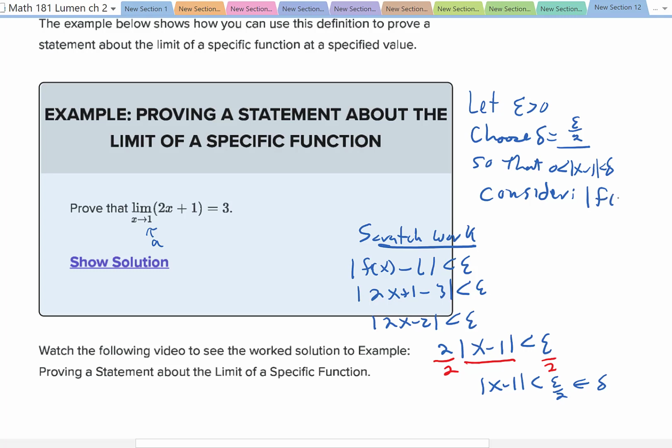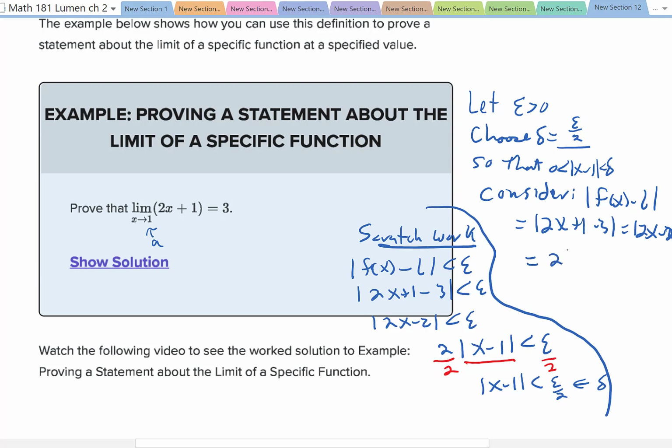Absolute value of f of x minus L is equal to, this scratch work doesn't exist technically for this, is going to be equal to our absolute value of 2x plus 1 minus 3, which will be our absolute value of 2x minus 2, as we just calculated, which will become 2 times the absolute value of x minus 1.